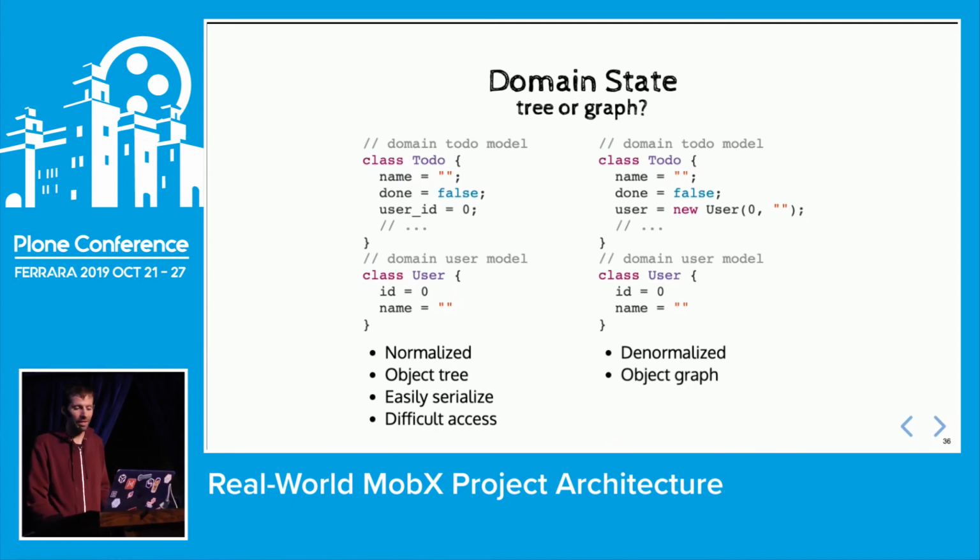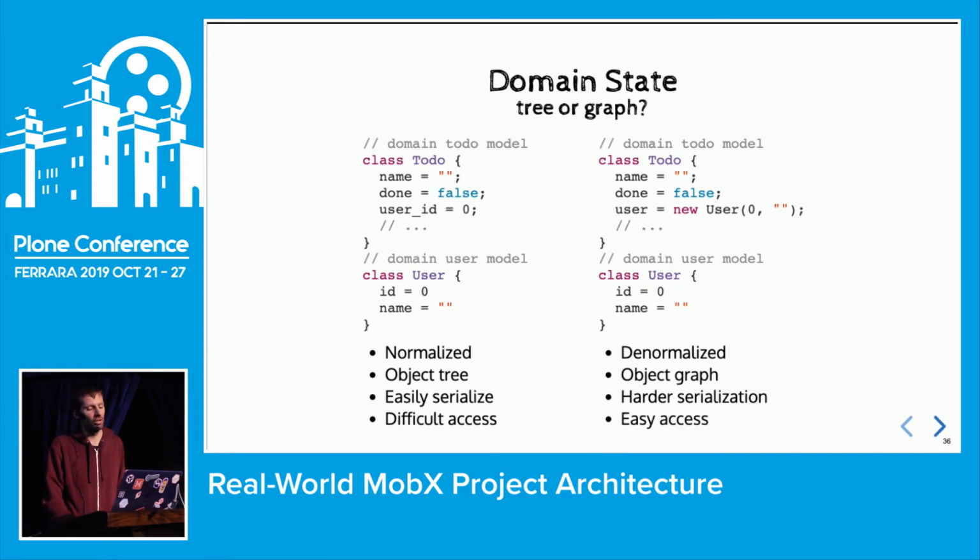So that means that inside of the properties, for example, inside of the user properties, we have an instance of a domain model, which is the user, which makes this harder to serialize, even sometimes impossible because you may have circular references. But on the other hand, it makes it really easy to access your related domain state because from a to-do you can just type .user.name and show in your application state, alongside the to-do name, also the username, right?